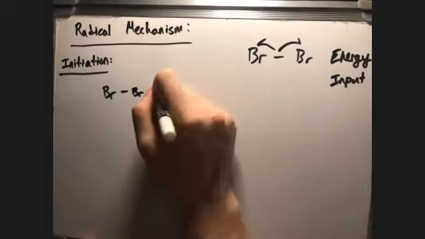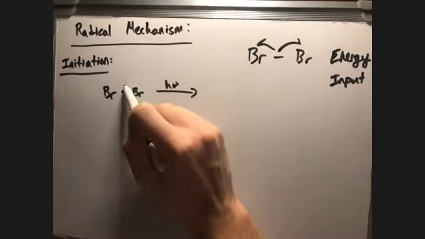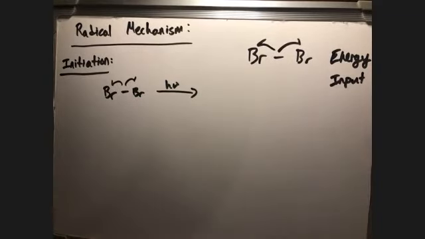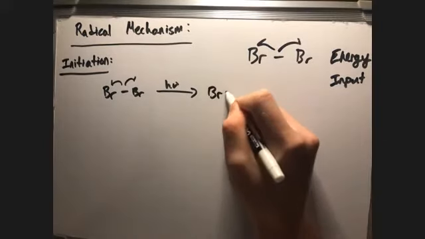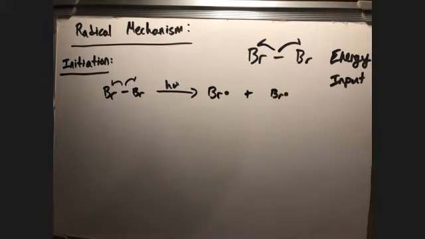And if you input some energy, the initiation step is always going to be this homolytic cleavage of Br2, in which you create 2 bromine radicals. And I am omitting the lone pairs on bromine just for clarity.